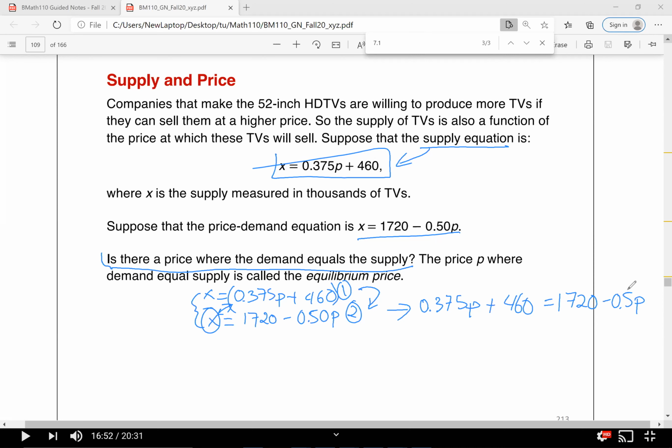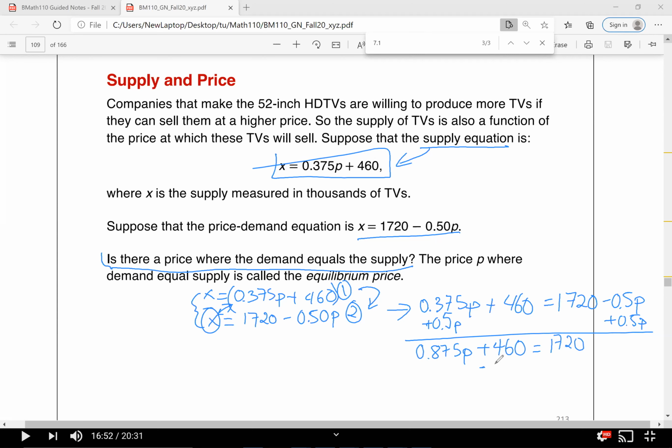So we have an equation that has only one variable. I will add 0.5p to both sides, and now I have 0.875p plus 460 equal to 1720.